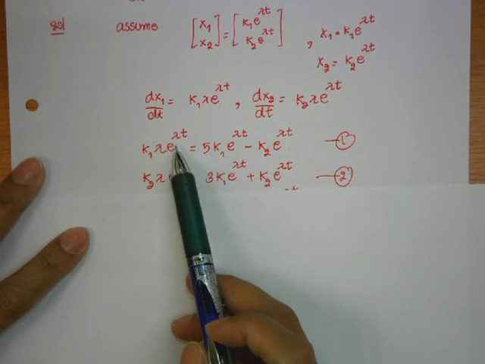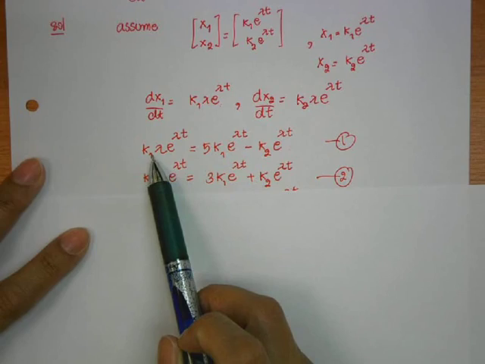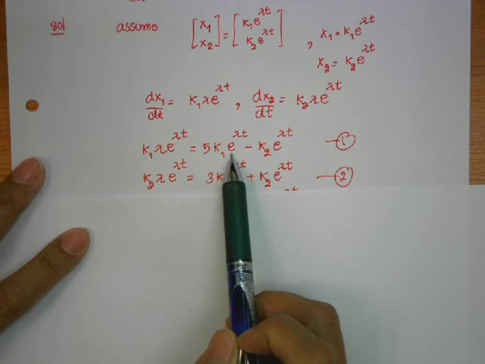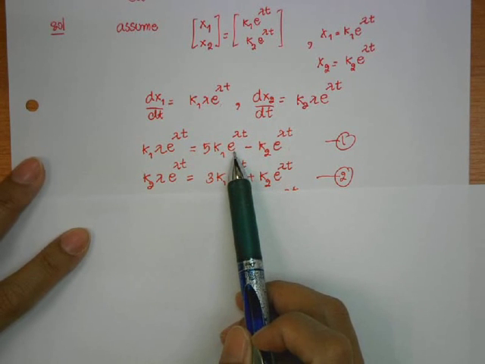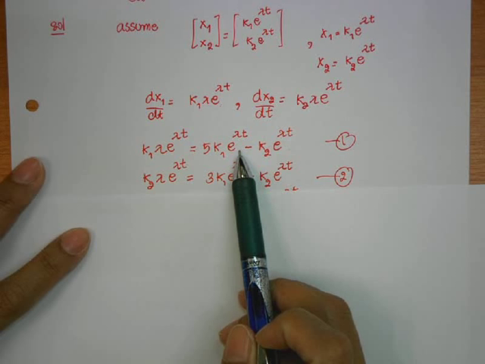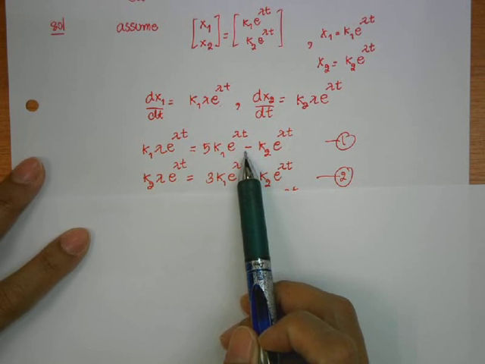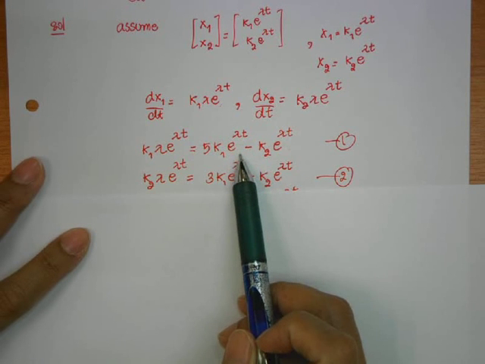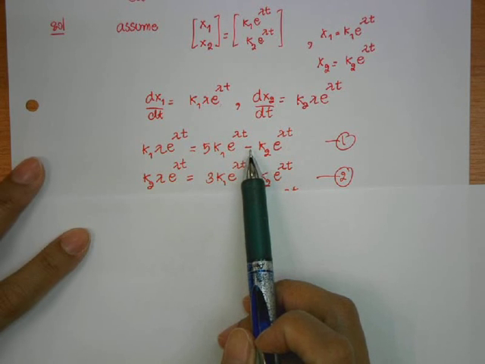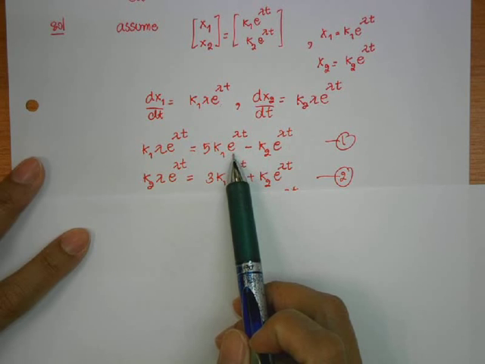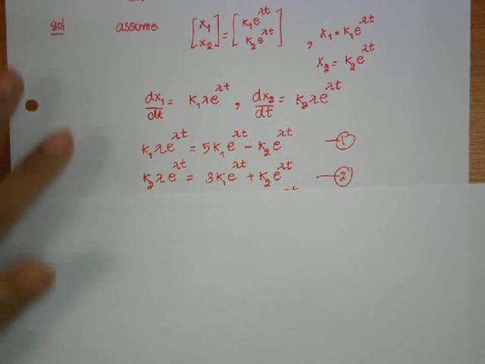For the first equation, you have k1 here and k1 there. You move this k1 to combine with this term, and you would get 5k1 times exponential of lambda t minus k1 lambda times exponential of lambda t. So k1 and exponential of lambda t are the same for both terms, so we take it out.